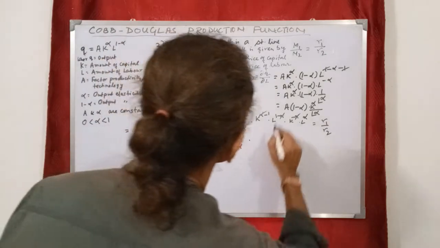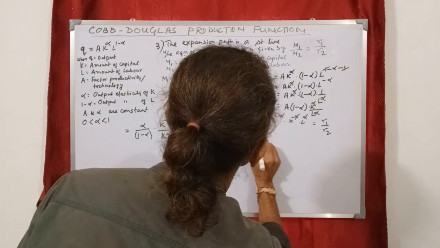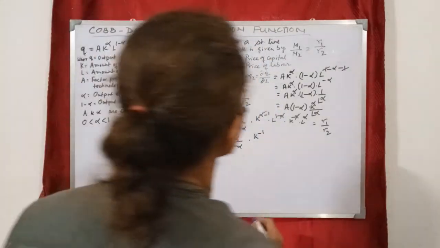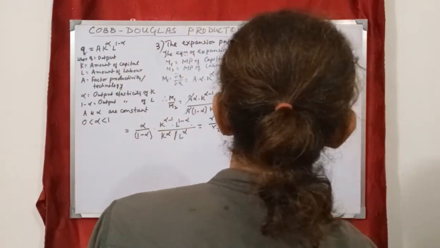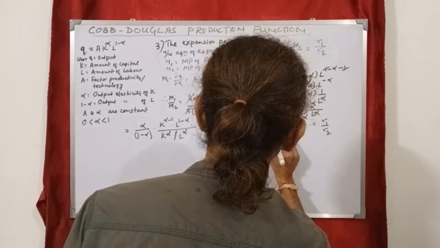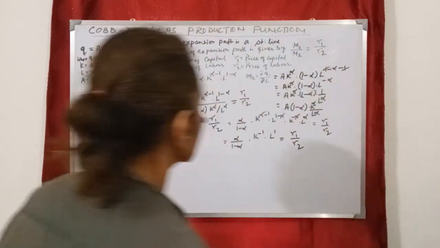So remain k to the power minus 1 and into L to the power 1 is equal to R1 by R2.